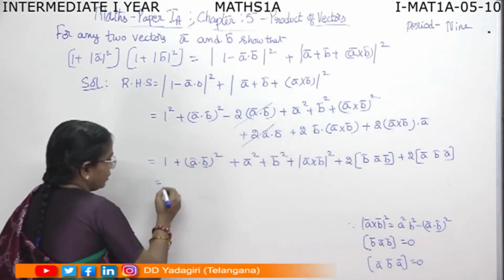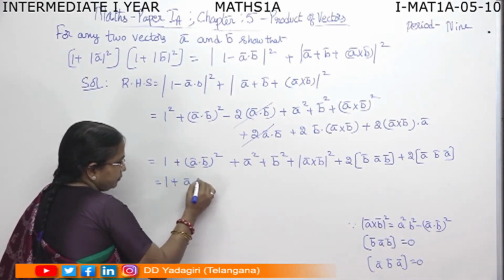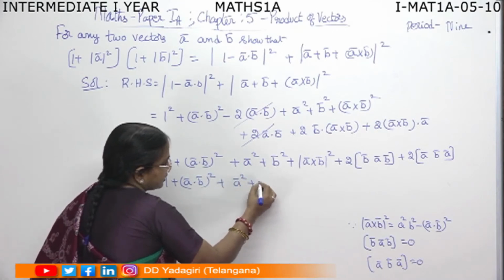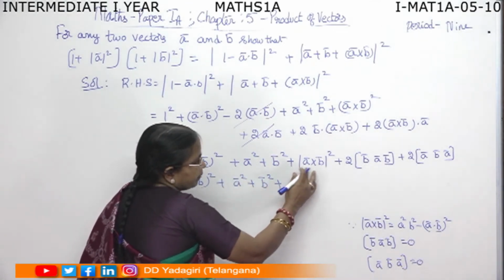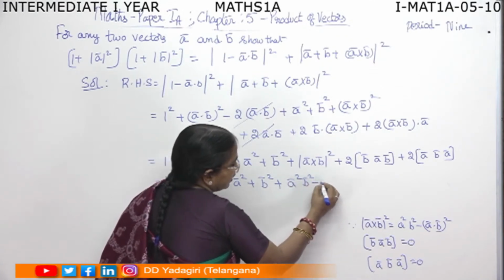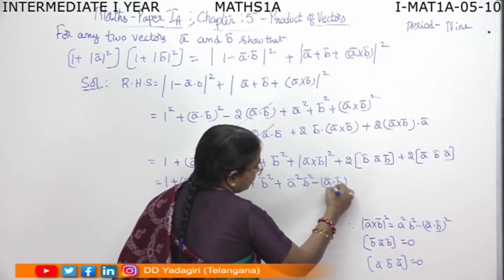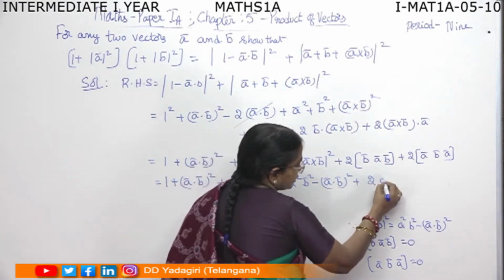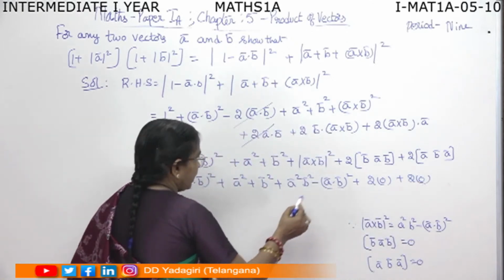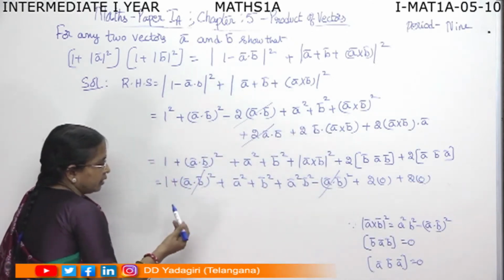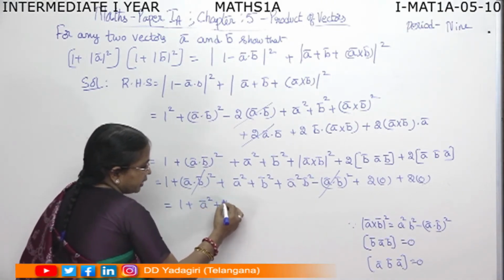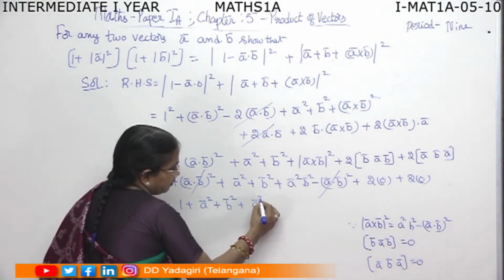Now substitute the values. So it is 1 plus A dot B whole square plus A square plus B square plus, writing the formula, A square B square minus A dot B whole square plus 2 into 0, and this is also 0. Now A dot B whole square gets cancelled, and you will have 1 plus A square plus B square plus A square B square.